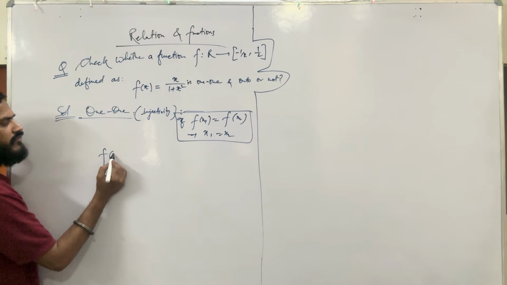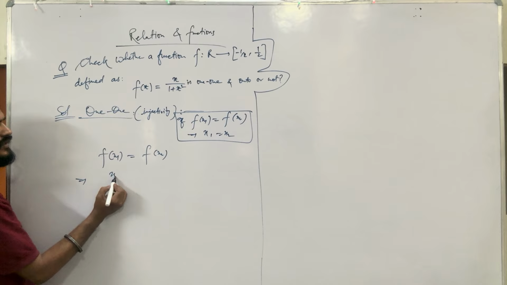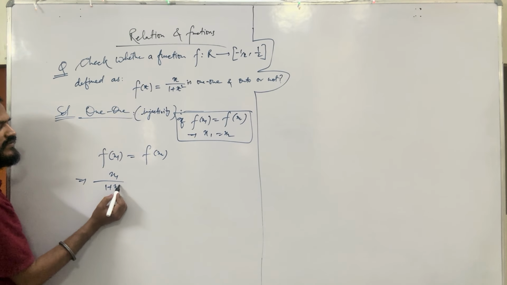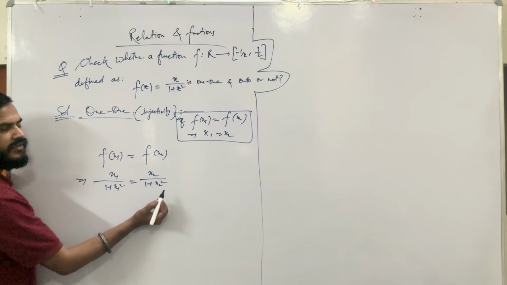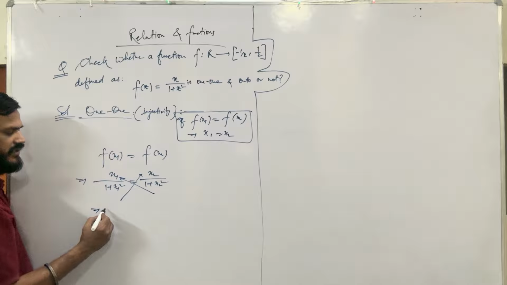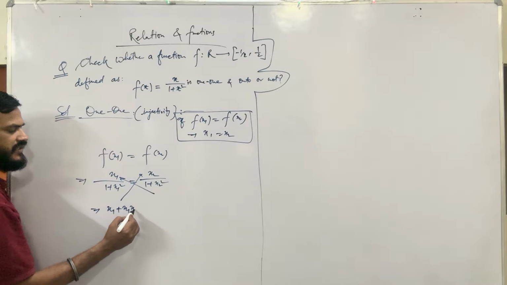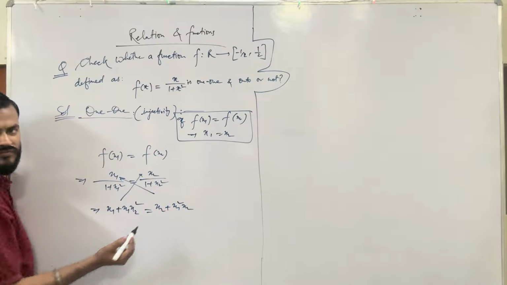So f of x1 equal to f of x2 gives us x1 by 1 plus x1 square equal to x2 by 1 plus x2 square. Now we cross multiply. After cross multiplication we get x1 plus x1 x2 square equals x2 plus x1 square x2.